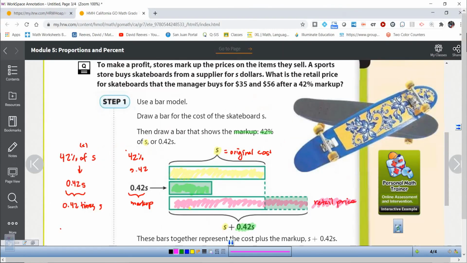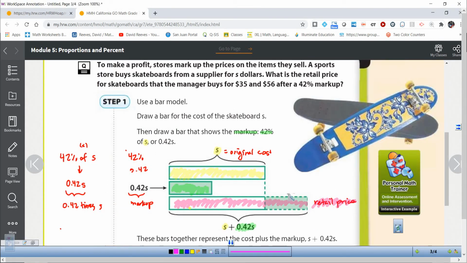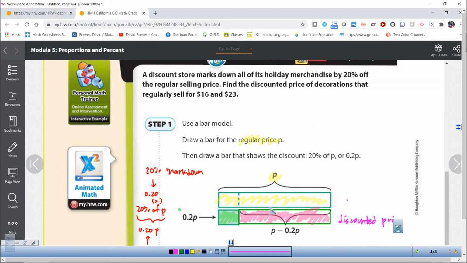Again, when we have a markup, we have our original, we have the markup expression, and then we add the two together. So when you have a markup, you end up with a bar that's longer. When you have a markdown, notice the pink part is shorter. On a markup, the pink part is longer because it's the yellow plus the green. On a markdown, it's the yellow minus the green.